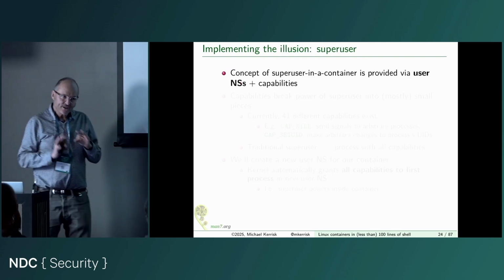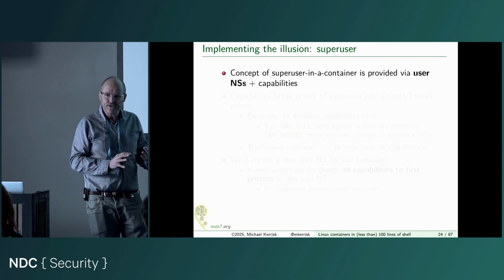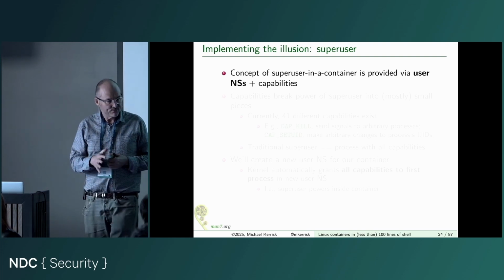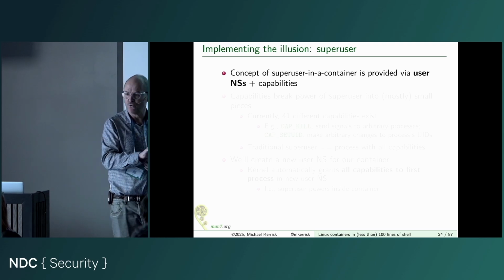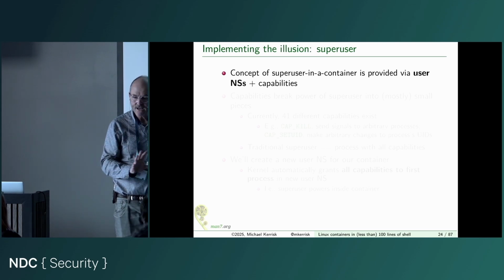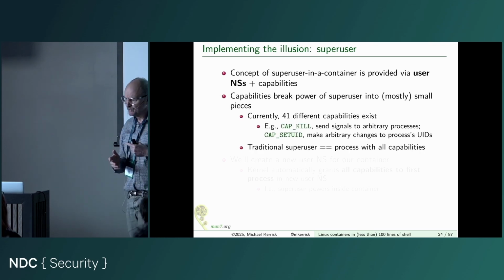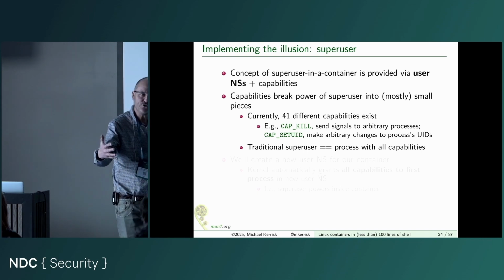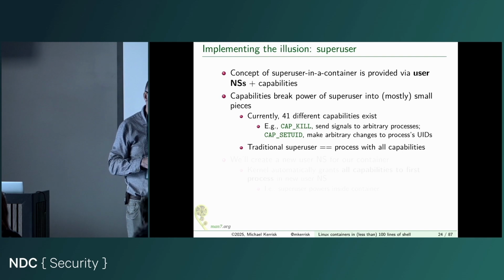So then the question is, how do we do superuser inside a container? And that concept is supported by another type of namespace called a user namespace. What user namespaces are doing is isolating the user ID and the group ID number space.